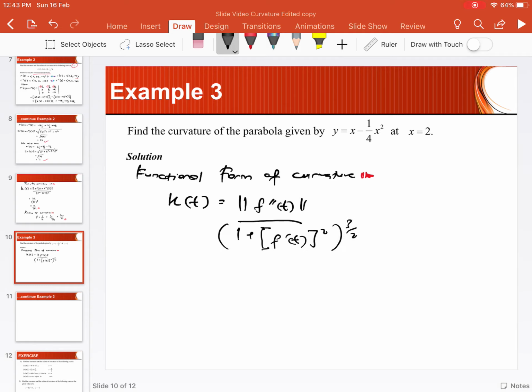Okay, so now first of all what we should do is we need to let x equals t and y equals f of x.